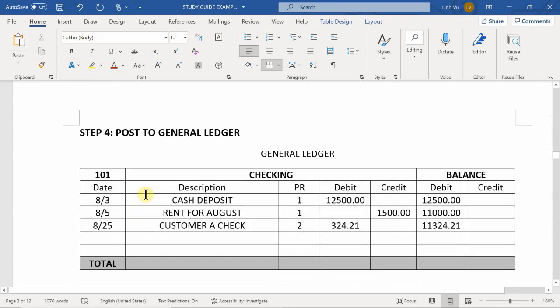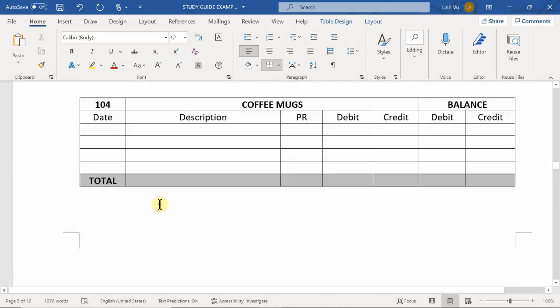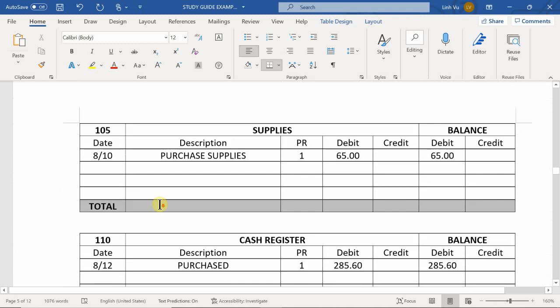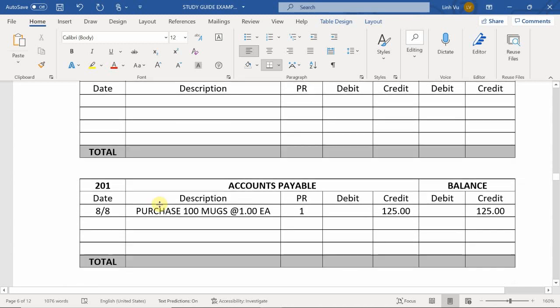All right, so now we're going to the ledger and accounts payable. That is going down.